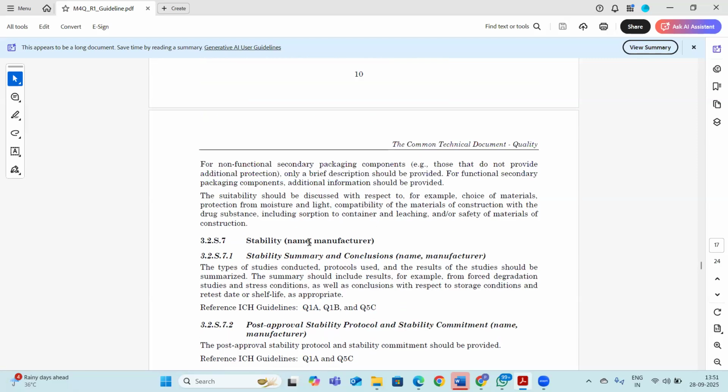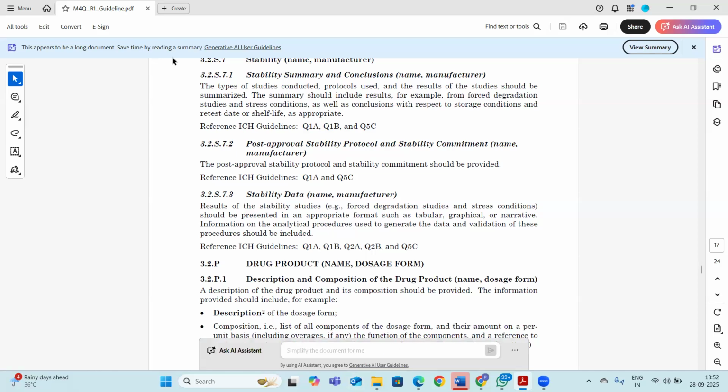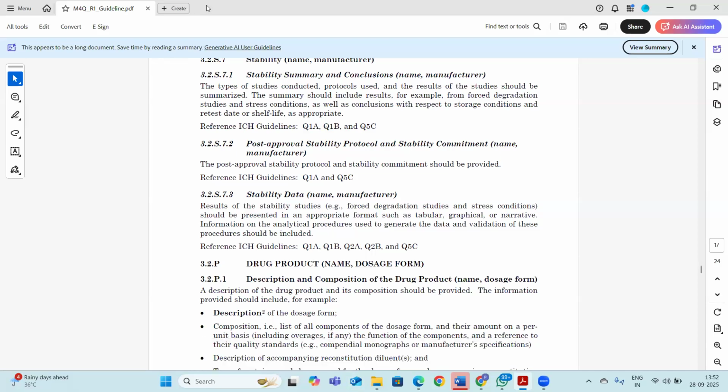Okay, so this was about drug substance, module 2 and module 3, and in module 3 we've talked about drug substance only. In the next class, we will talk about drug product, and we'll see what are the topics, what is the data that is being submitted under the 3.2.P section.